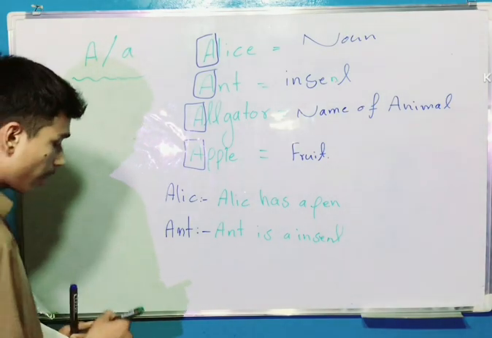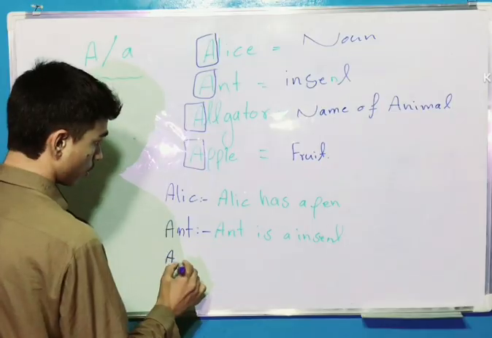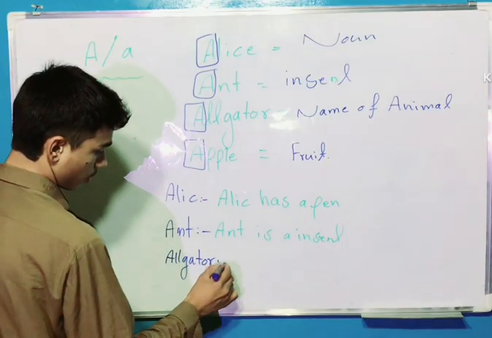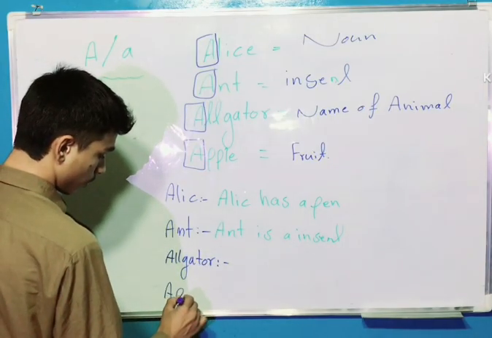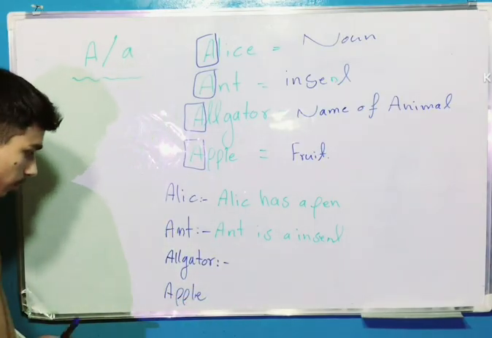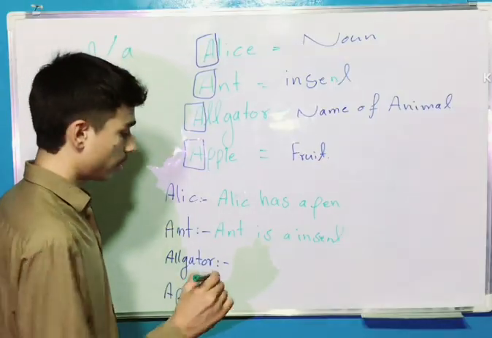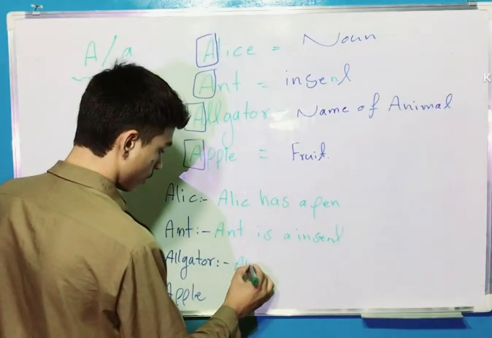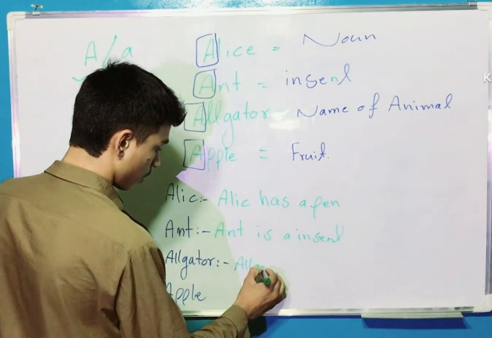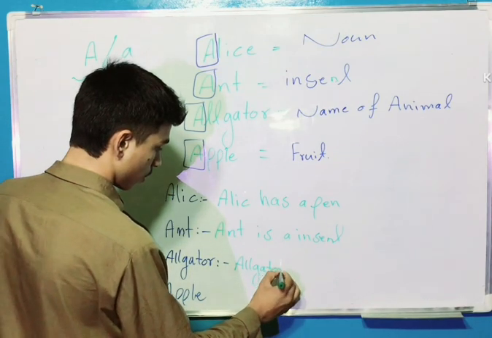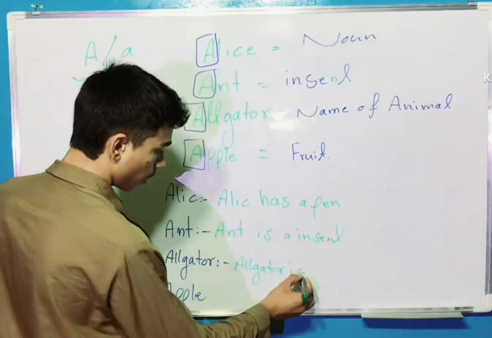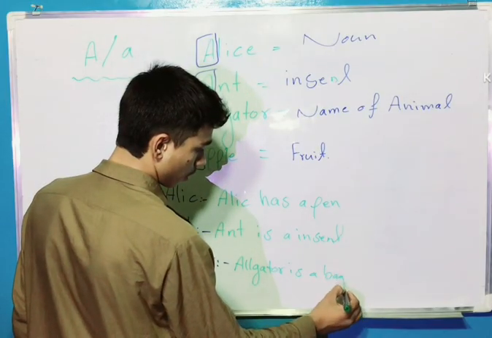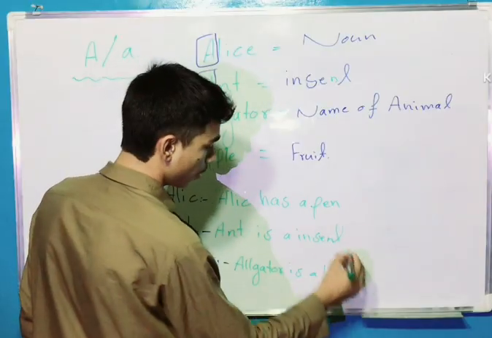So, and the third one is alligator. Alligator is a big animal. Alligator is big.